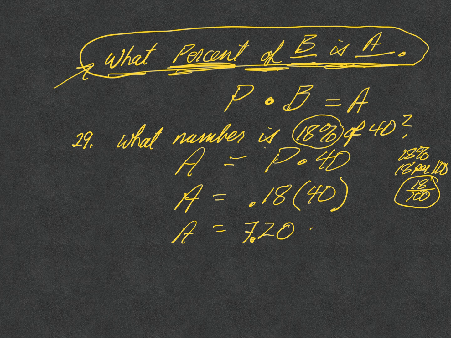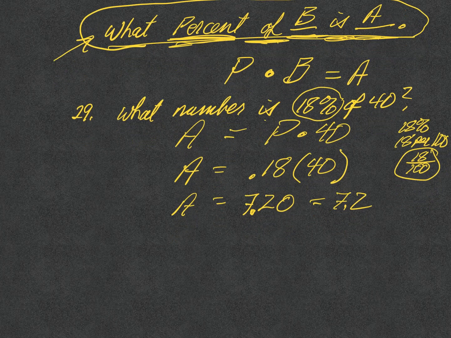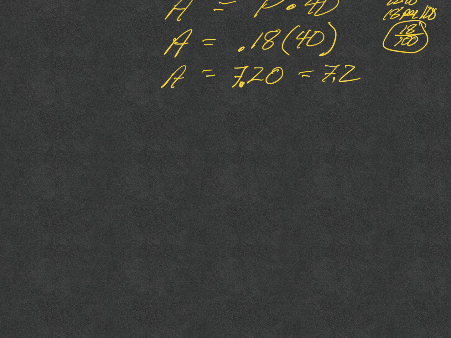So 7.2 is 18% of 40, okay? Anything under 100% will usually be smaller, and a percent of is. Anything over 100% will be larger. All right, here's another one.